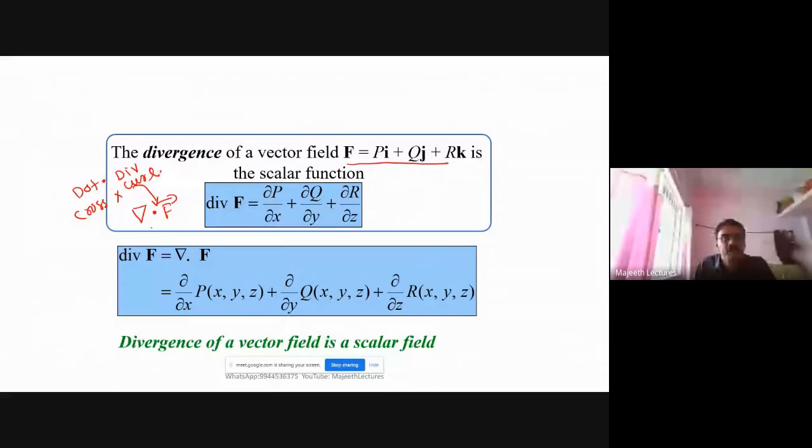So divergence of F is nothing but del dot F. You know how to take a dot product from vector analysis. Use that and find the answer. Since it is a dot product, we know the result of a dot product is a scalar. So divergence is a scalar. So del dot F is a scalar quantity. Please remember that, right? That is the reason why it is a scalar. Okay.